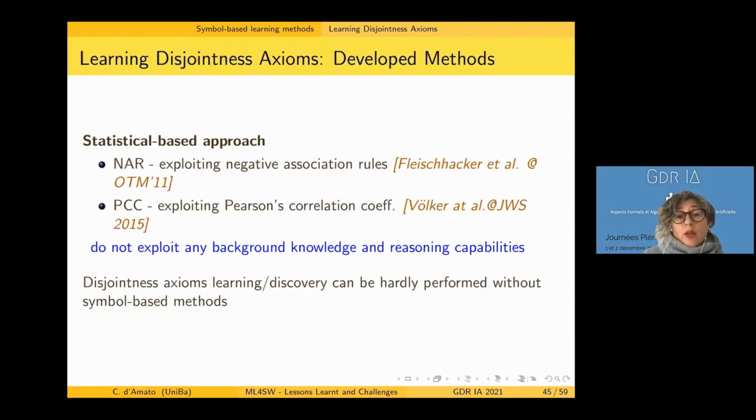We need to make clear that other existing methods have been developed trying to learn disjointness axioms, but these have been mostly grounded on purely statistical approaches without exploiting any background knowledge, and again without exploiting any reasoning capability.